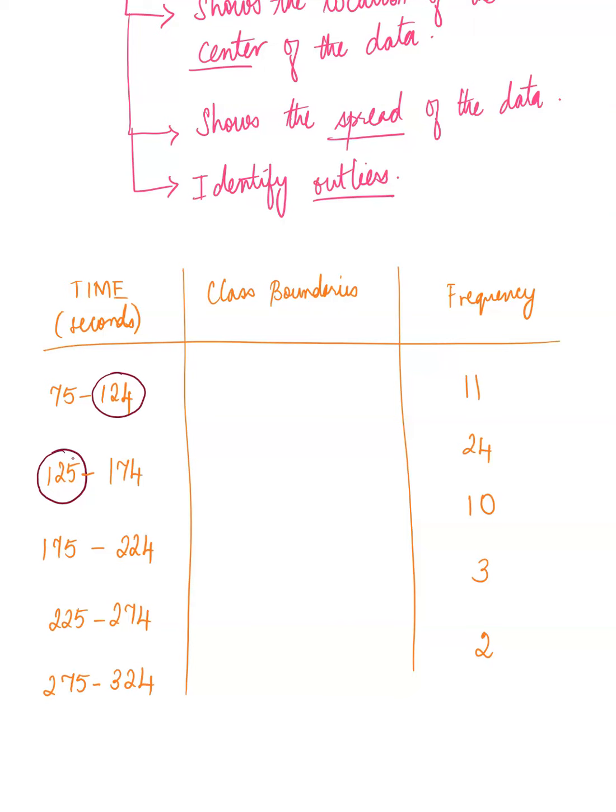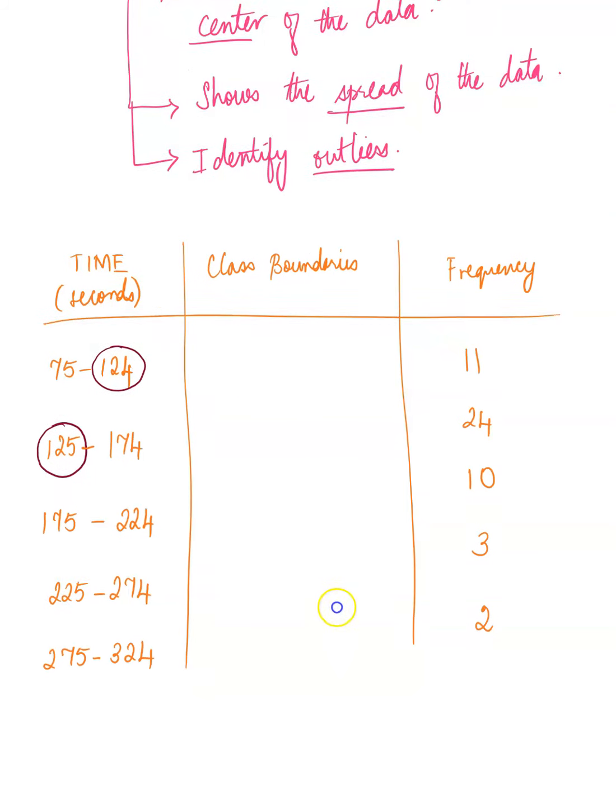So for that reason, we use the class boundary concept, which basically takes the difference, or the midpoint of these endpoints. Not the midpoints, I should say. Let me just show you the calculation here.